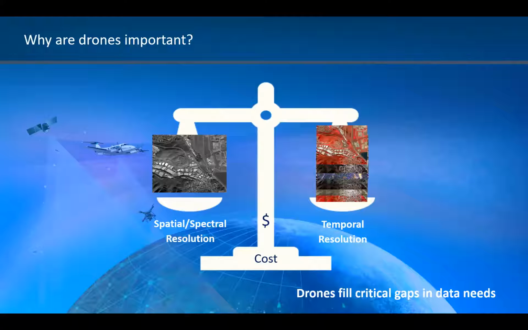Over time, organizations and users in different fields need imagery that is clear enough to accurately make out details. This imagery should also be recent enough to be useful. That's why we are talking about temporal resolution.